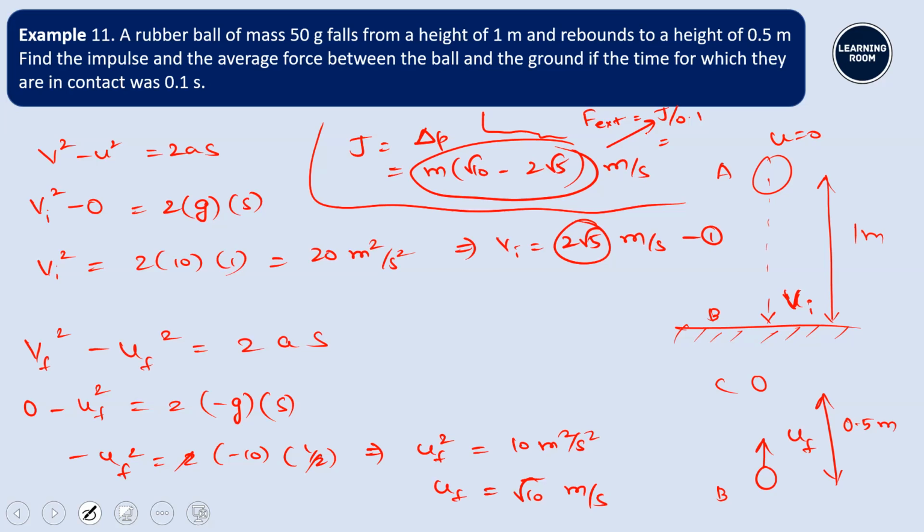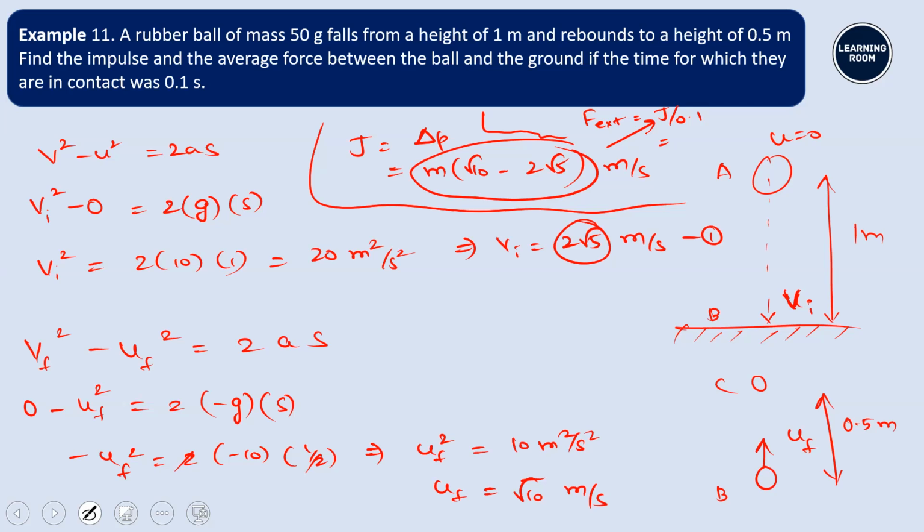Because both are in downward direction, a, g and s. So if you want to take minus, put minus here and minus here. So you can actually break it according to the scenario. Not necessary that every time downward direction should be taken. But if you observe it clearly, for this scenario, I have taken downward direction to be positive.